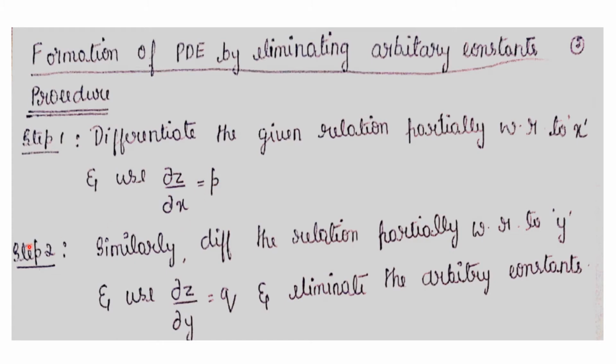Next, step 2, similarly, after differentiating with respect to x, we differentiate with respect to y. When you differentiate z with respect to y, you get dou z by dou y, whatever you have on the RHS, and that will be equal to q, and eliminate the arbitrary constants.